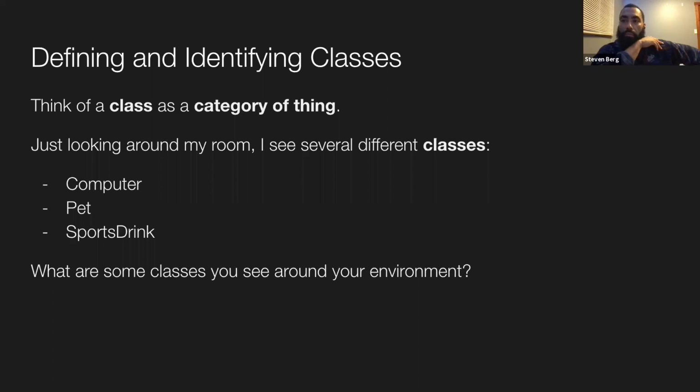We're going to talk about another term soon, instances, which I think Steven's right on the cusp of. Awesome. Let's do one more. Ellie, what is a class you see in your room or environment? Stationery. Cool. A stationery class. Great. Awesome. These are great.